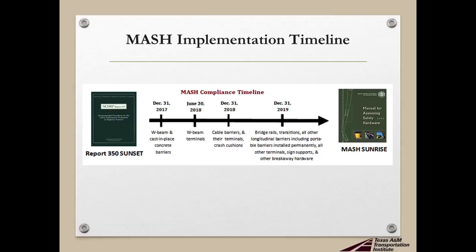There is more specific guidance in the adopted implementation plan, with staged implementation dates by categories of hardware. I'm not going to go through this because our next speaker, Mr. Dick Albin from Federal Highway Administration, is going to go over this in more detail.